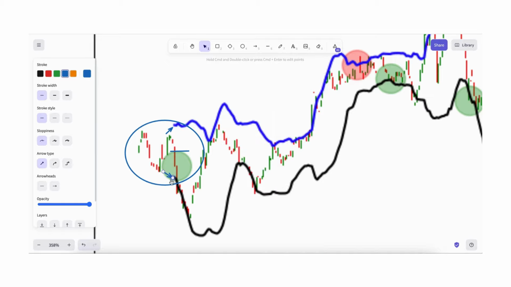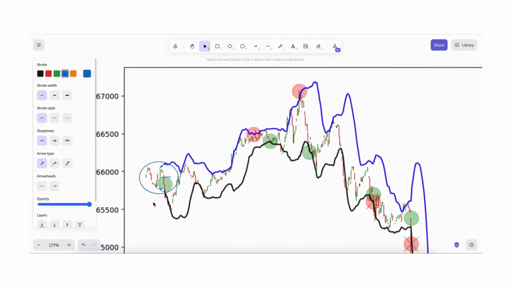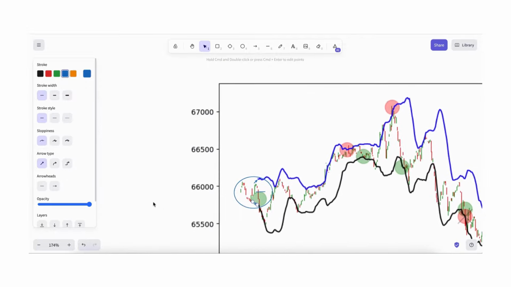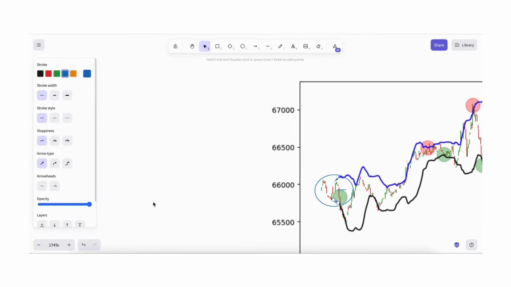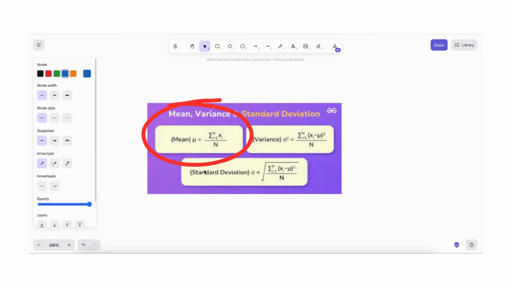If you are not familiar with statistics, let's talk about mean and standard deviation. In our case, we are looking at the rolling mean, which means we are looking at the mean for the last n data points. And we can define n as a variable based on our algorithm.